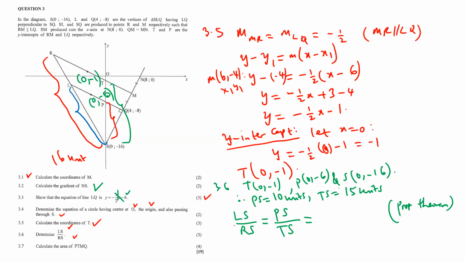So if you look at PS, it's 10 units. We've already said above it's 10 units here. And then TS is 15. If you simplify this, 5 goes 2 times into 10, and it goes 3 times into 15. So what they want is LS over RS, which is 2 over 3 units there.